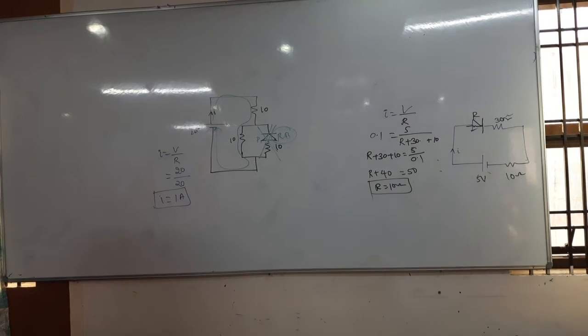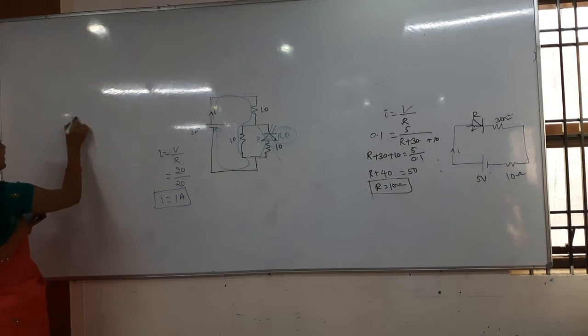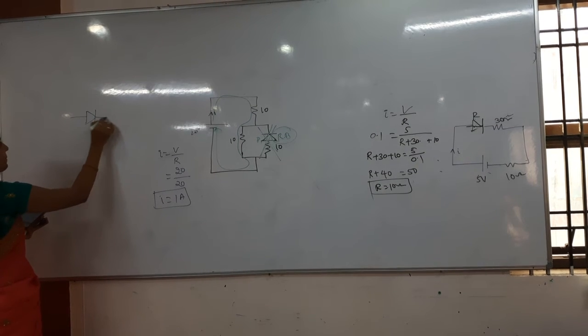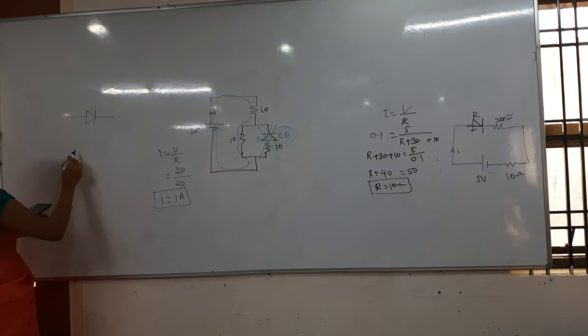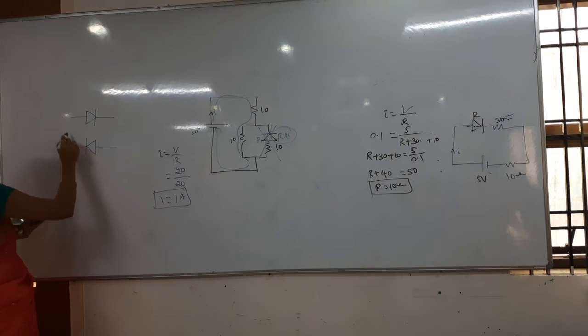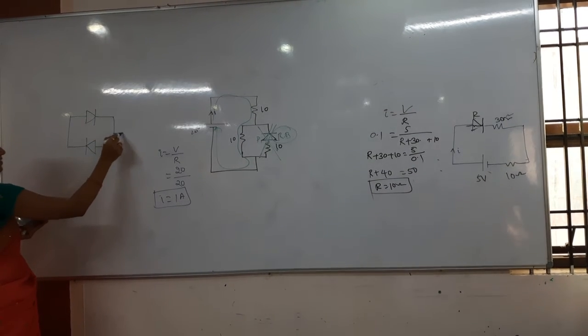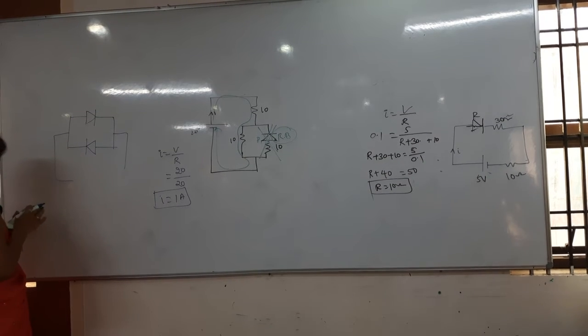What is the value of current in the given circuit? Next, what is the value of current in the given circuit?